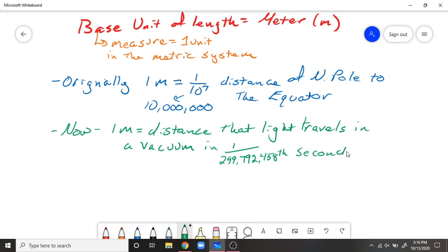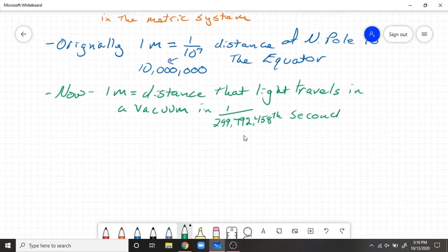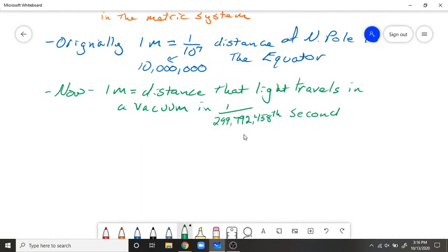That is pretty fast. We know the speed of light is a constant, meaning it doesn't change. And so now 1 meter is measured to be the distance that light travels in a vacuum in that amount of time. It's speedy quick.